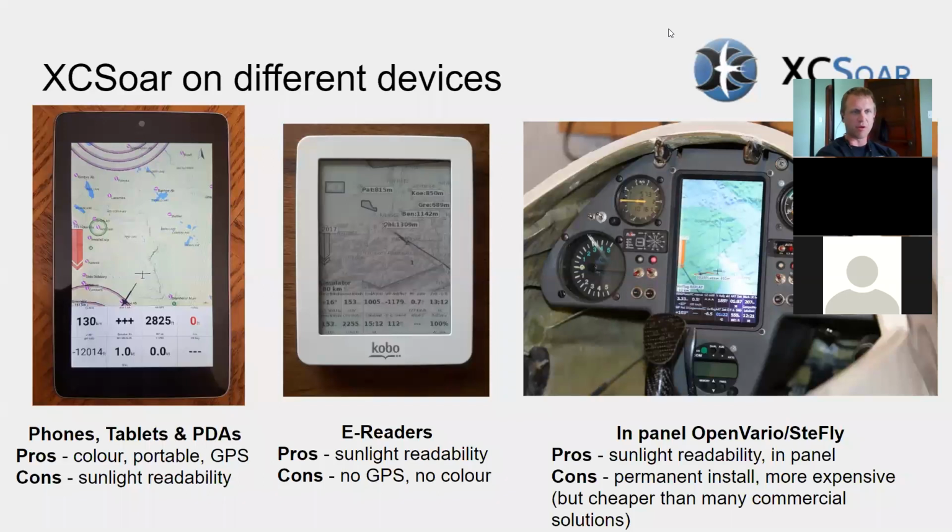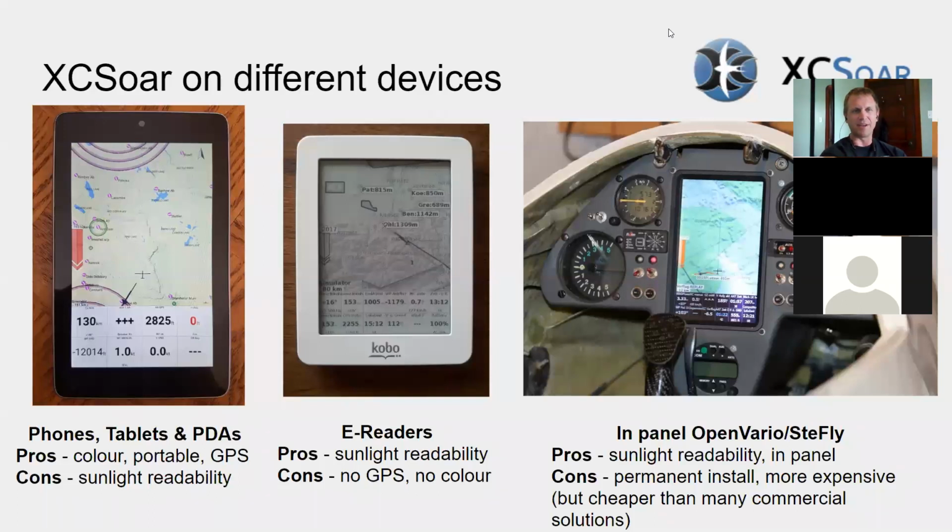The pros of the phones, tablets, PDAs are that they're color, they're portable, and phones at least mostly have GPS. Tablets, a lot of them do, and then PDAs actually didn't, but you could add a GPS to them. But the biggest con of those is most of them don't have the greatest sunlight readability.